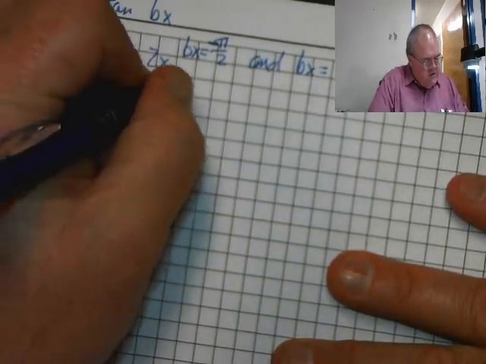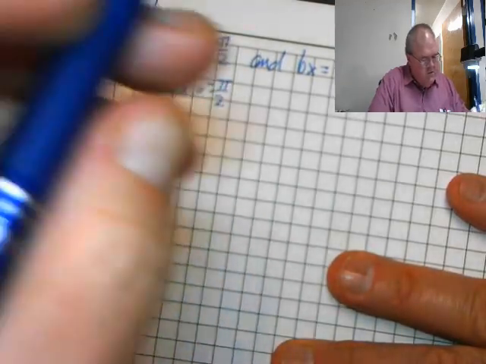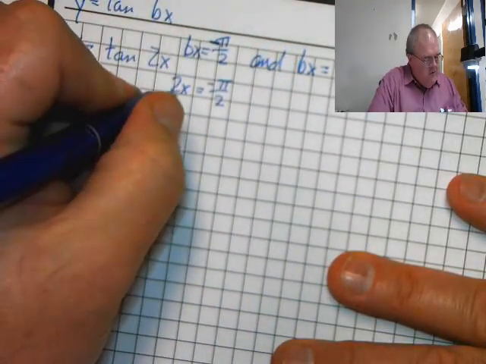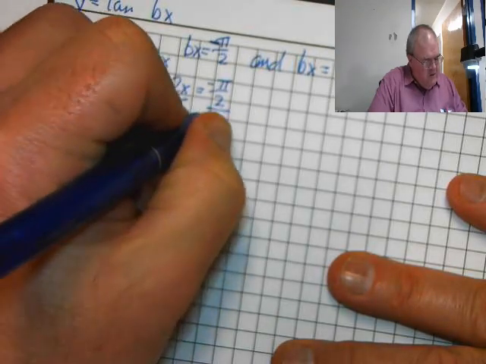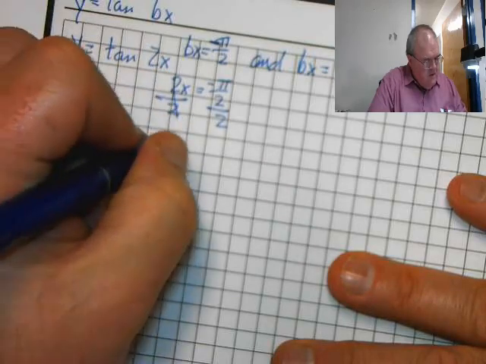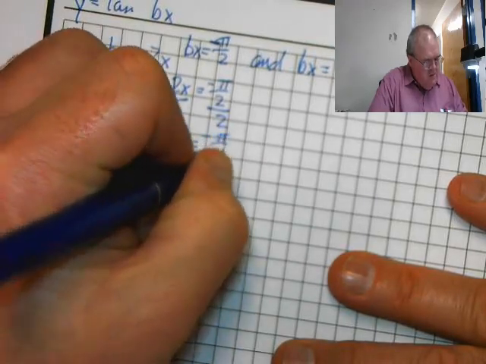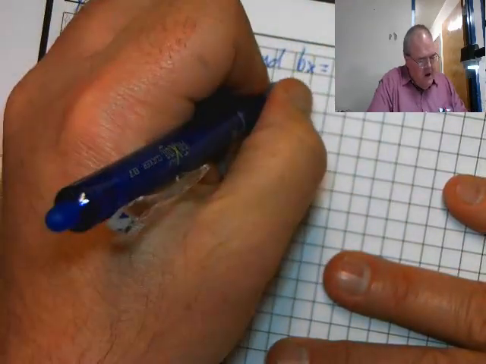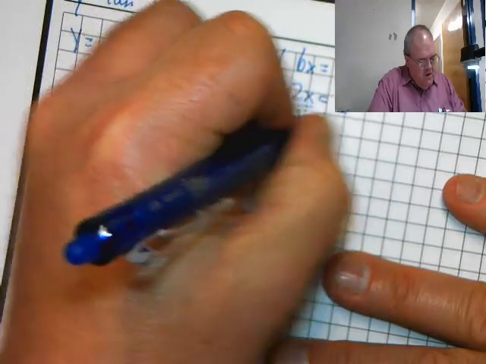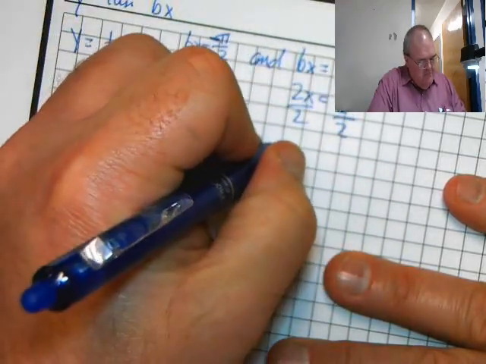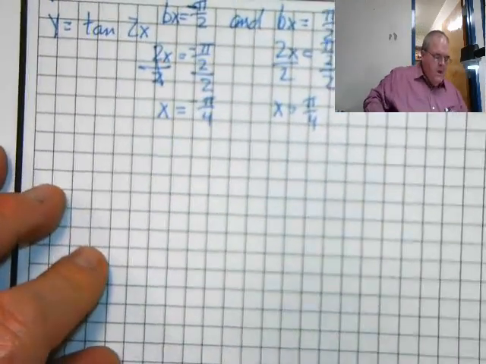So then I'm going to say 2x equals negative pi over 2. And when I solve for x, I'm going to divide both sides by 2. So I get x equals negative pi over 4. And I'm going to have 2x equals pi over 2. So I divide by 2, and I get x equals pi over 4.